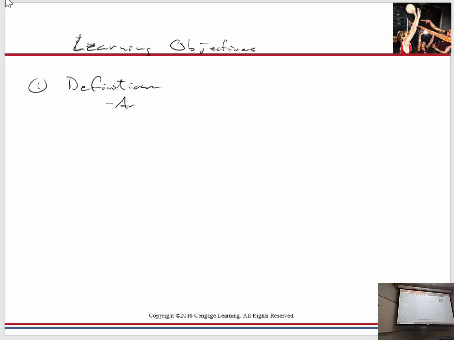There's Arrhenius and Bronsted-Lowry. And Lewis. All right, then we're going to look at Bronsted acid-base reactions after that.